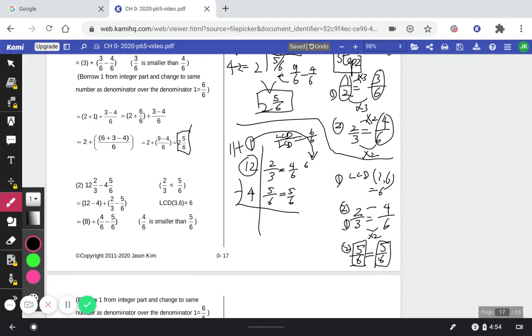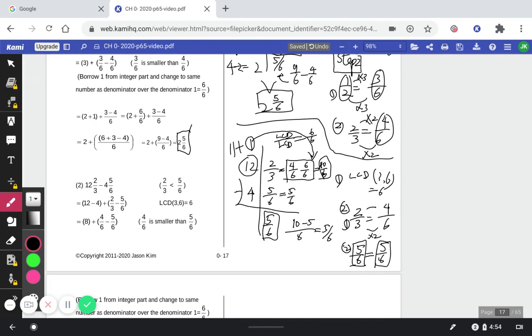So you're borrowing 6 over 6. Since you already have 4/6, altogether it becomes 10/6. So now you're taking 10 over 6 minus 5 over 6. So you end up with 5/6.